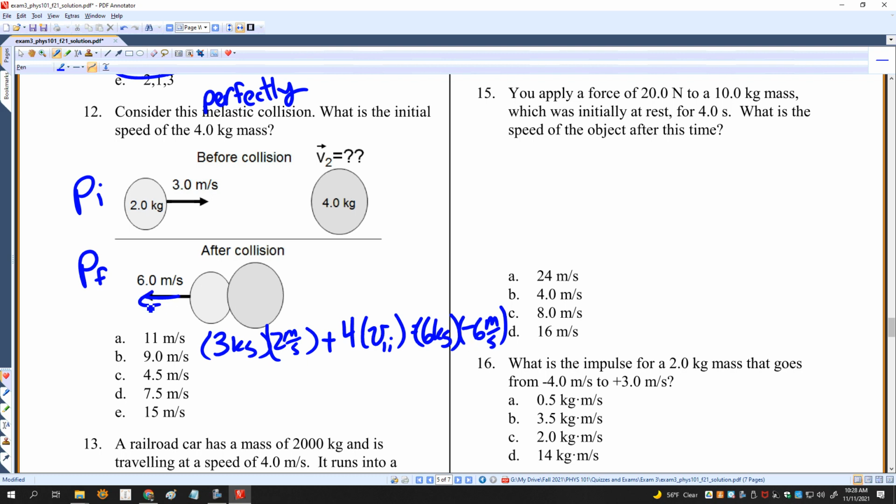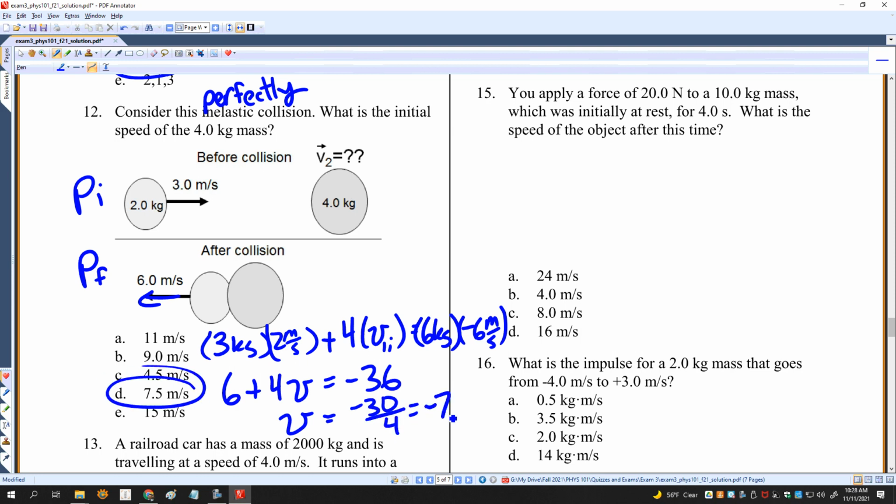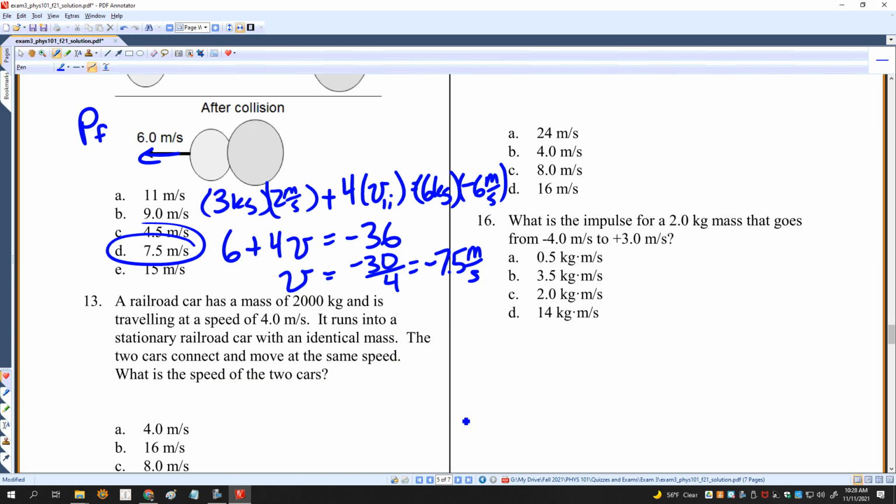It's negative because it's going in the negative direction. That is 6 plus 4v equals negative 36. So v is equal to negative 30 over 4, which is 7.5 meters per second. To the left, but I don't ask you the direction, I only ask you for the speed.